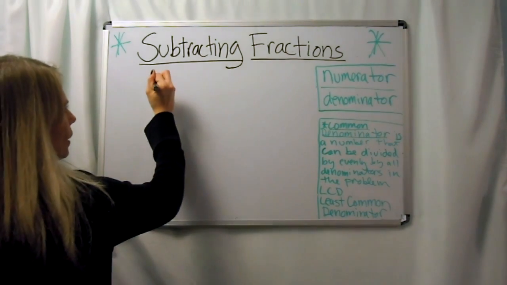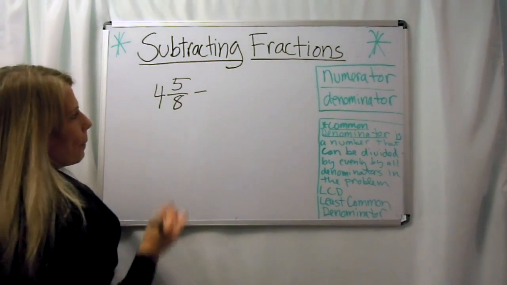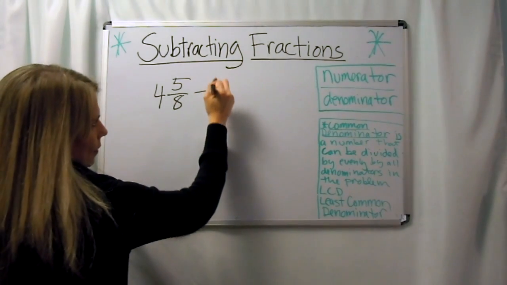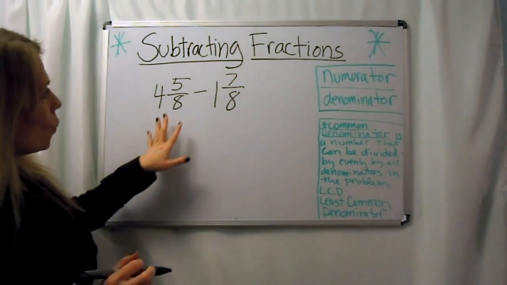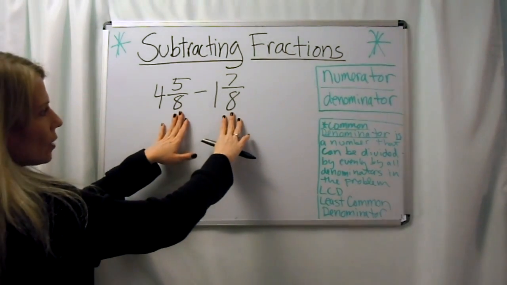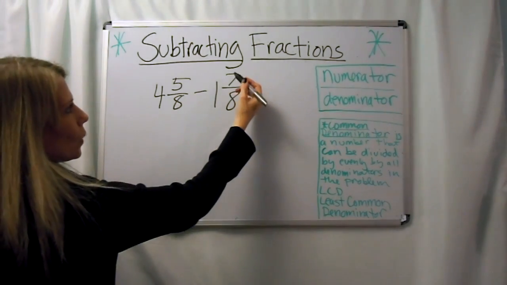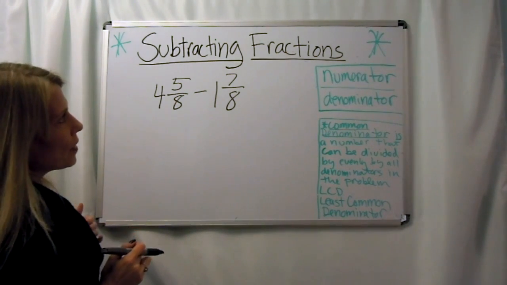When you have a situation like this, let's say 4 and 5/8 minus 1 and 7/8. Now again, as I've said, we treat the whole numbers and the fractions separately, but when we look at our fractions here, they have a common denominator of 8, but we can't subtract 7 from 5.